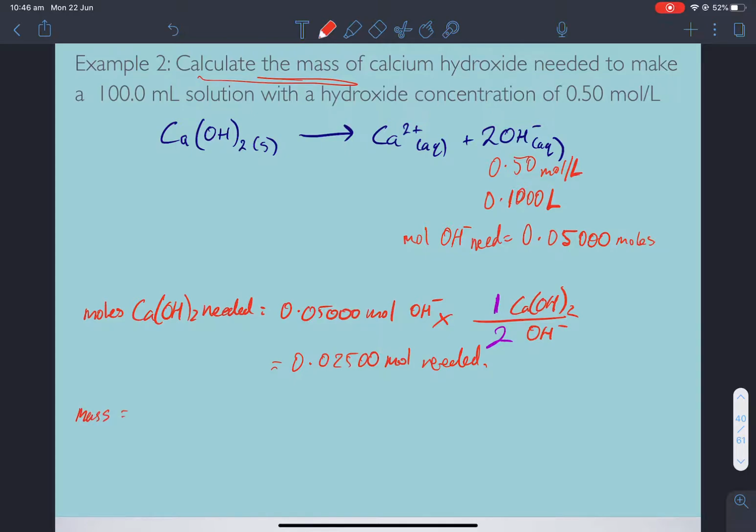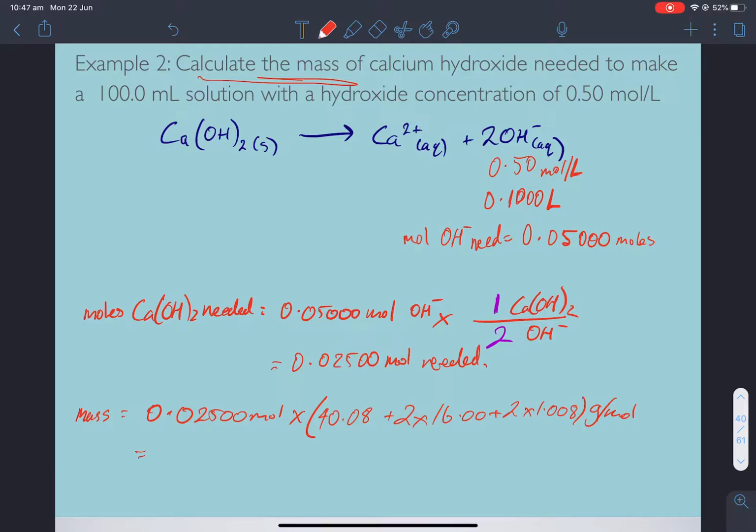Okay. So I'm going to need that number of moles times it by the molar mass of calcium hydroxide. Periodic table. Luckily I have one handy. So it's 40.08 for calcium, plus we need 2 oxygens, 16.00, plus we need 2 hydrogens, 1.008 grams per mole.